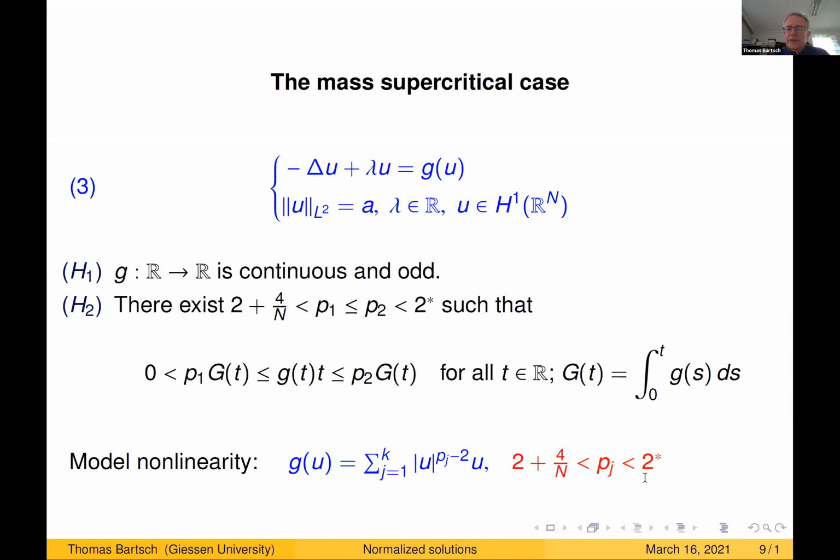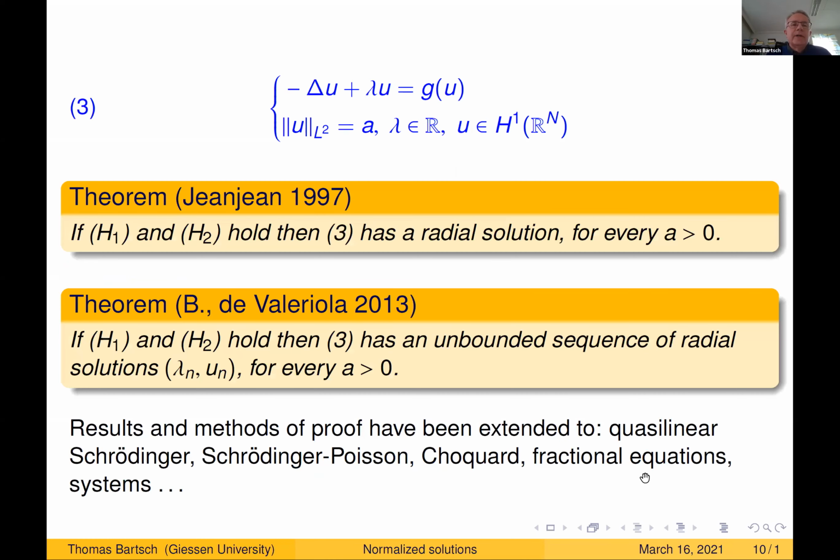So under these conditions, there was a first existence result of normalized solutions, namely by Louis Jeanjean from 1997. And he proved that this problem has a radial solution for every L2 norm a. You can prescribe the L2 norm, you find a solution, lambda actually being positive, u will be a radial solution, as I said, for every a.